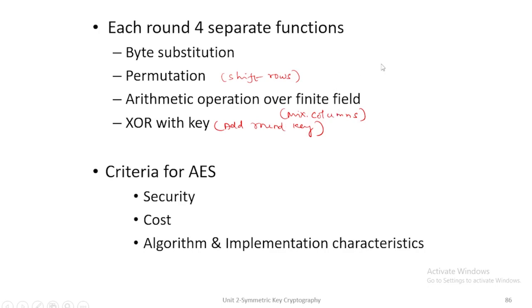If you go for the DES algorithm, in each round function, expansion, XOR, substitution, and permutation are available. So in DES, these four operations are performed in each round function. But in AES, first substitution is performed, then permutation, and then mix columns and add round key. So these are the basic operations done in the AES algorithm.